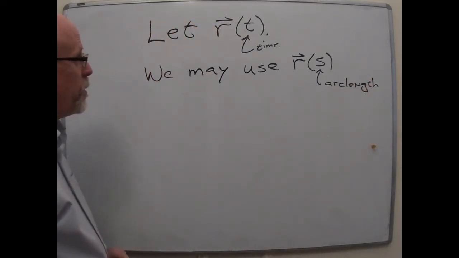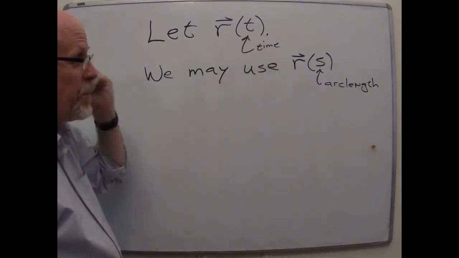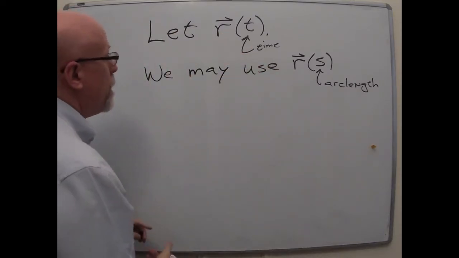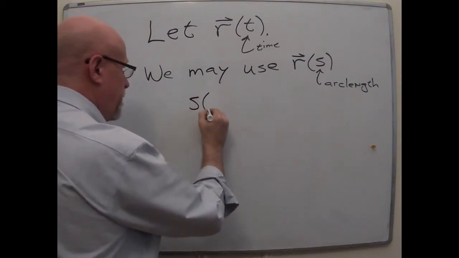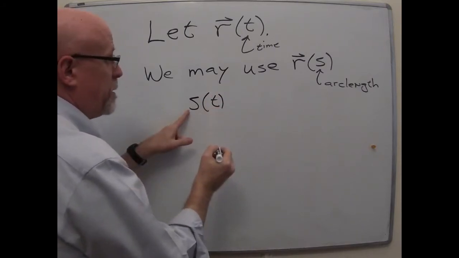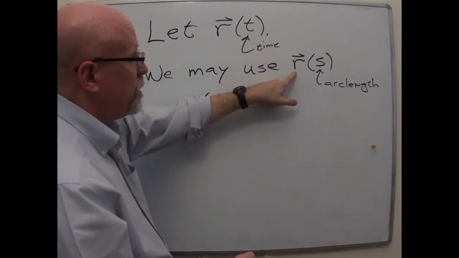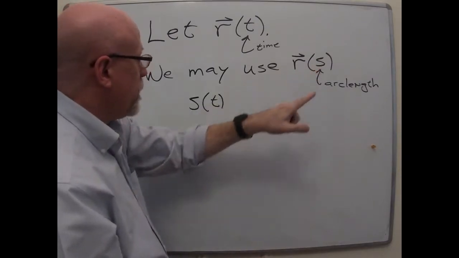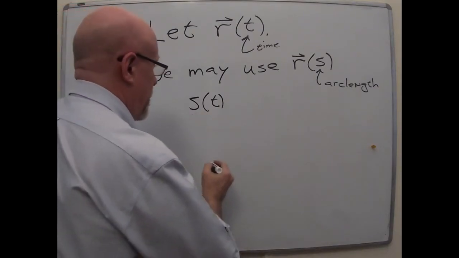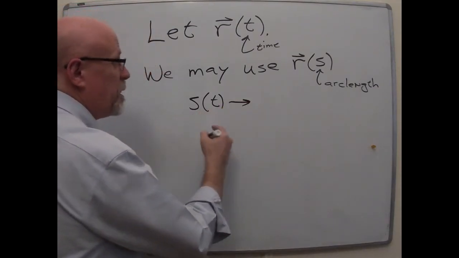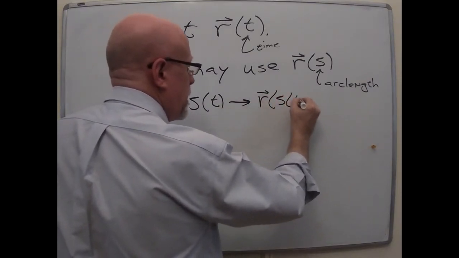Why do we do that? Well, it turns out the two things are really pretty easy to switch back and forth between. If I know what t is, I can always use the function s of t to get s, right? So let me put it a different way. If I have a position function that's given as a function of arc length, but I know how to translate time into arc length, well, this function s of t allows me to write r of s of t.